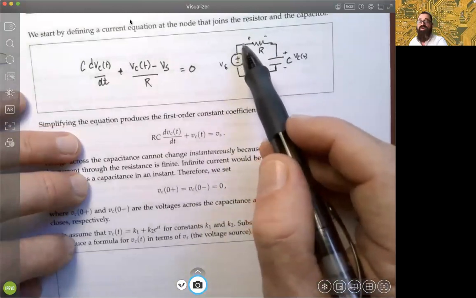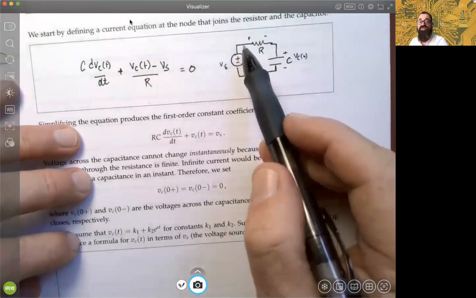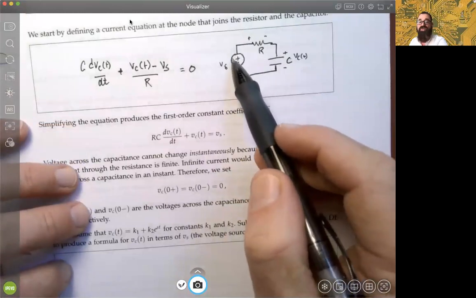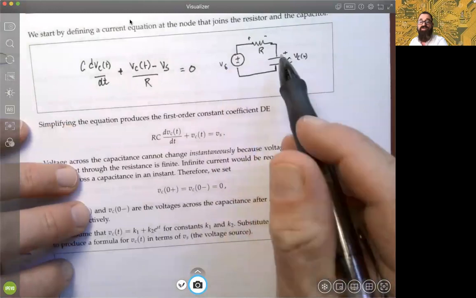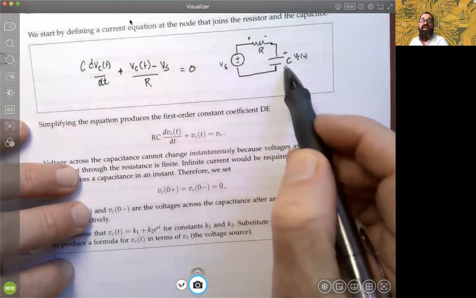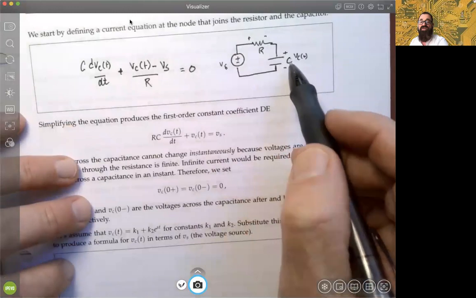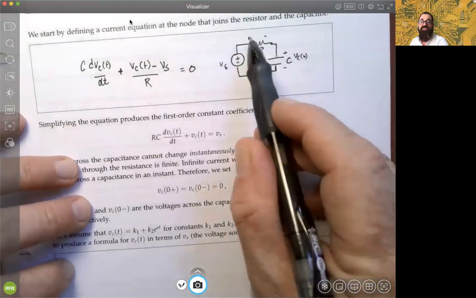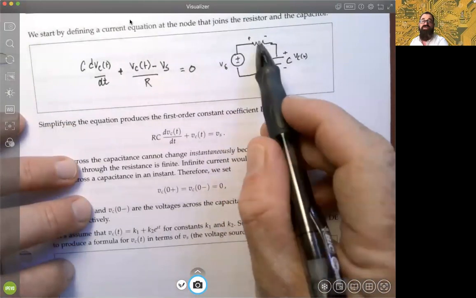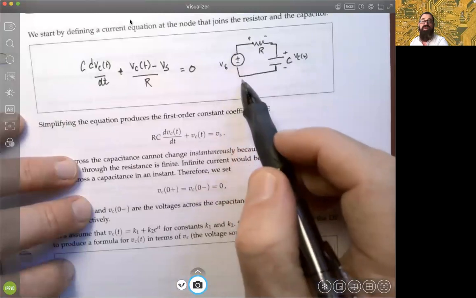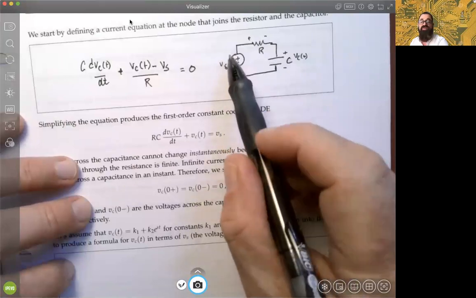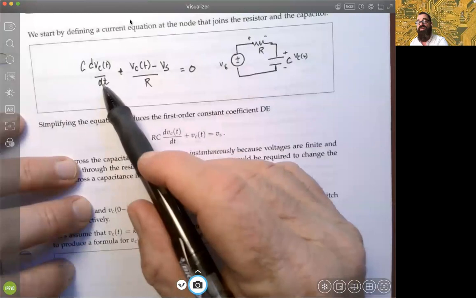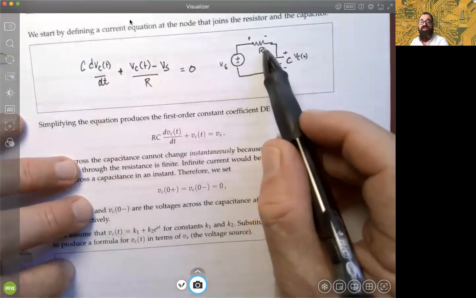And so we know that we have this voltage over here, the voltage over here, V_C, and the way we're representing it here is going left to right through the resistance, whereas the current flowing through the capacitance is represented here this way.